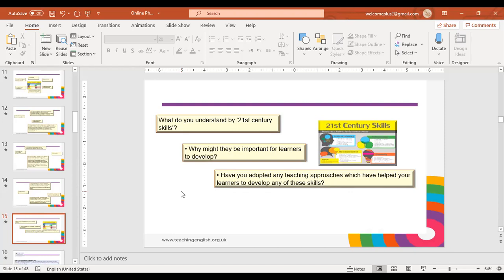This is like feedback. To make them think, imagine, communicate. Yes, and to equip them with the necessary skills and knowledge to face their own future and own life. Have you adopted any teaching approaches which helped to enhance those skills?